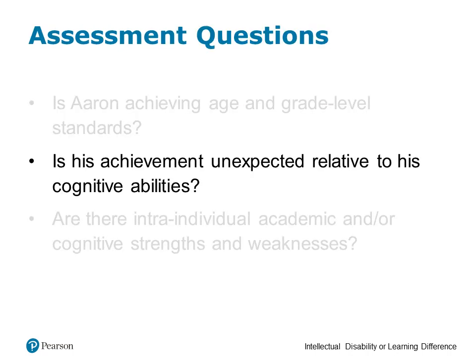So the second assessment question: now we have information about achievement, and I know that there is a pattern. I don't have consistent scores across content areas. I have relative strengths in math, relative weakness in language arts. Now I want to know whether or not his achievement is unexpected relative to his cognitive abilities.